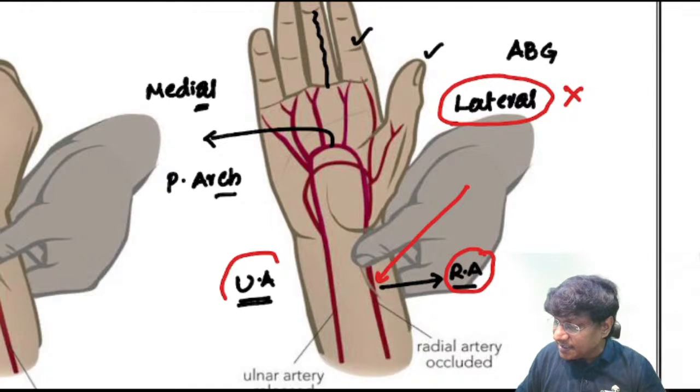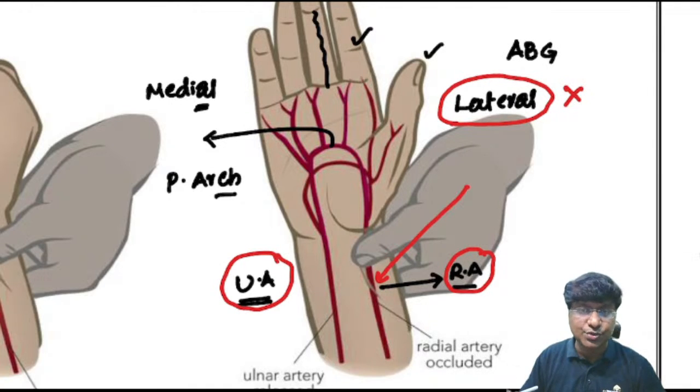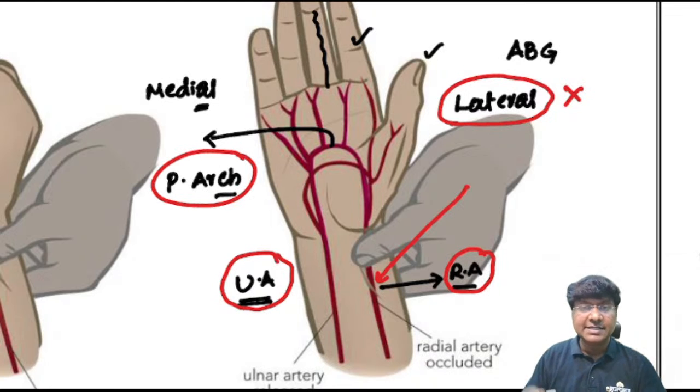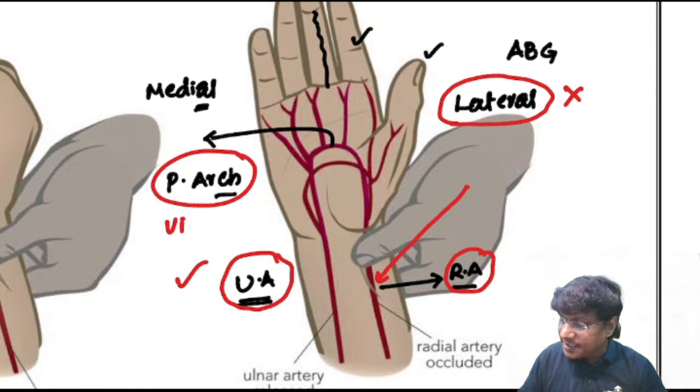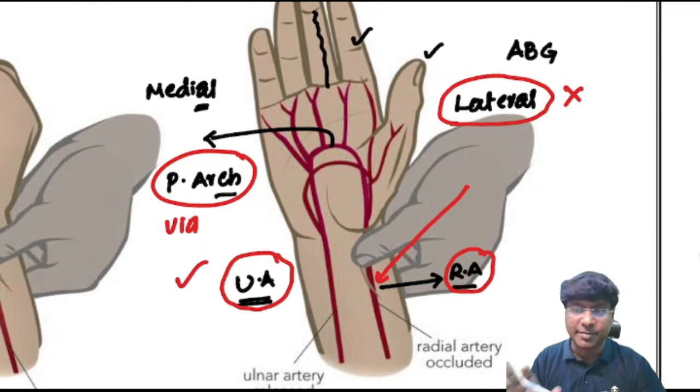It is the ulnar artery, which via the palmar arch will supply the lateral 2.5 fingers of the radial artery. That is the normal phenomenon.